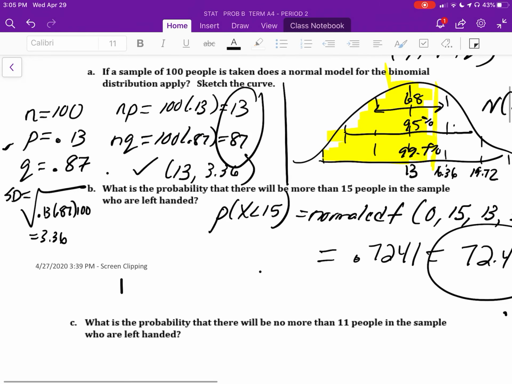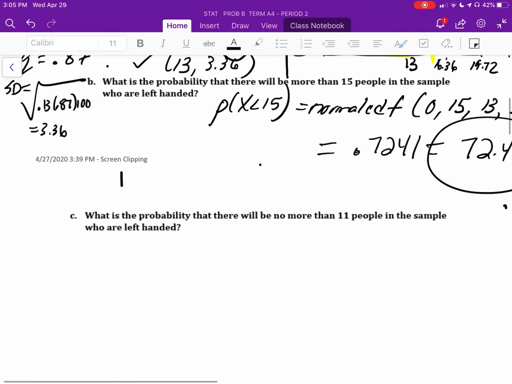So the next part of this example says, what's the probability that there will be no more than 11 people, wow, I just made a mistake. So I read this one incorrectly, so it's a really easy fix. If I look here, it says, what's the probability that there will be more than 15 people?